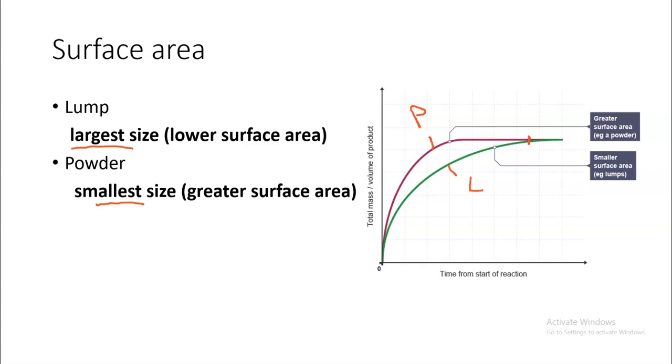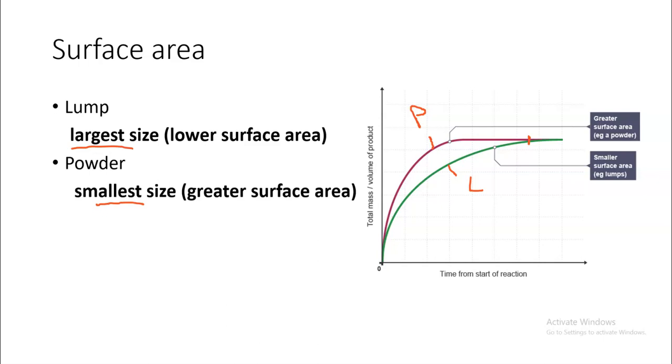So now, how do you use collision theory to explain that? Remember, the larger the particle size, the slower the reaction. The larger the size, the lower the surface area, therefore the lower the reaction rate. This will result in fewer particles having the surface area.